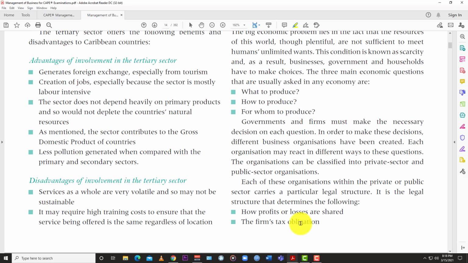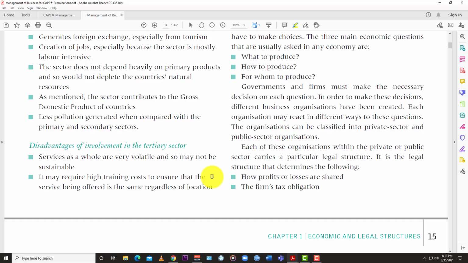A private sole trader would have different tax obligations to a big company. That's just how it goes. So the tax obligations are different based on the legal structure, whether it is a sole trader, partnership, private limited company, public, down the line, right? From the list that we just outlined before.